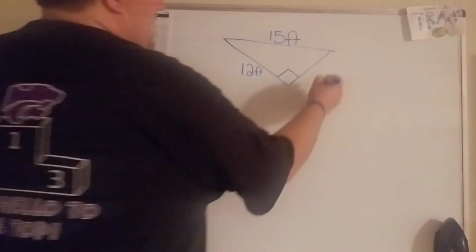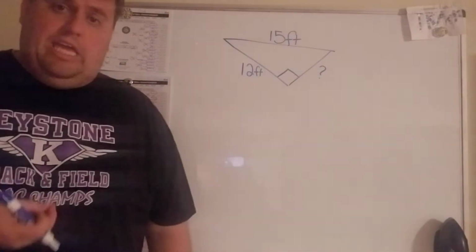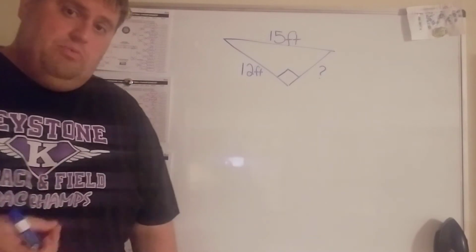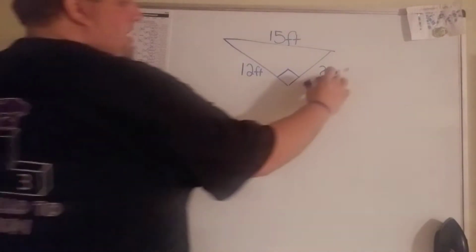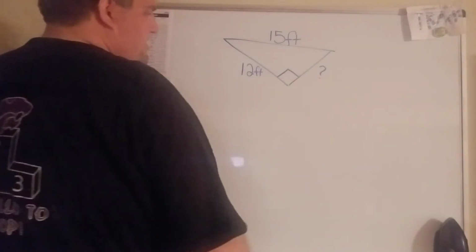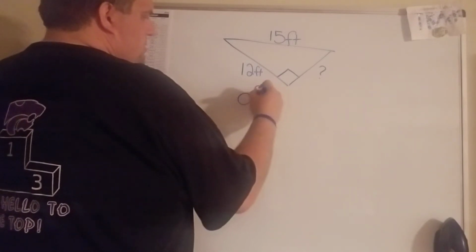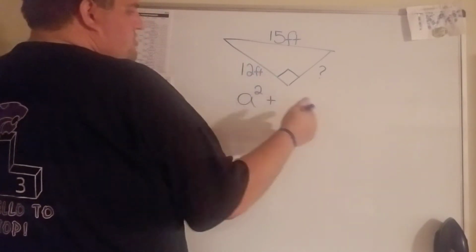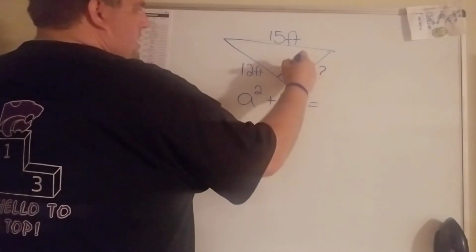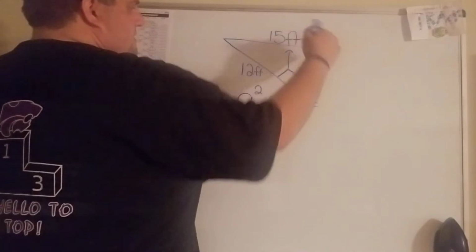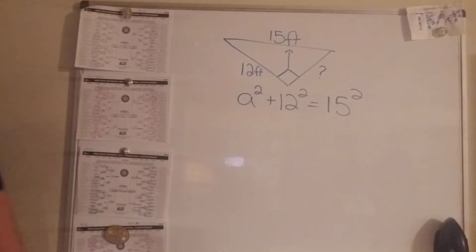And we want to know about this side over here. So again, I'm checking, what is it that I don't know? Well, in this case, I don't know one of my legs. So a or b had better be this. We'll make it a. a squared. My other leg is 12, right? It makes the right angle, so that's going to be 12 squared. And across from the right angle is 15. That one has to go in for c. That's the rules.